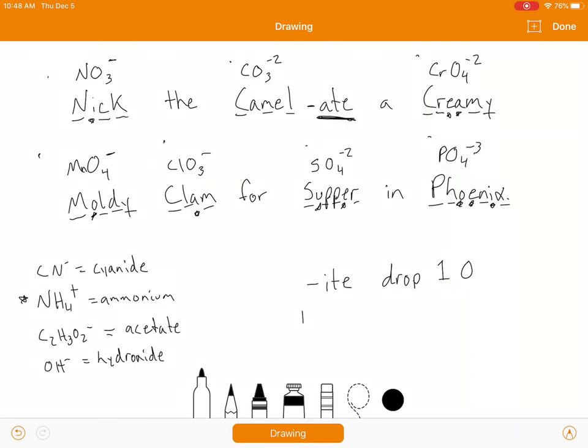Then you would add a hypo prefix, and that would allow you to drop the 2nd oxygen. Now, you will never have hyponitrate. It's always going to be hyponitrite. So it's an add-on after you've already gone to the ite. So the hypo and ite are kind of a package deal. So hyponitrite would just be NO with a -1 charge.